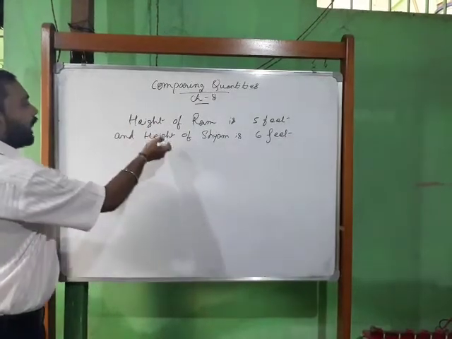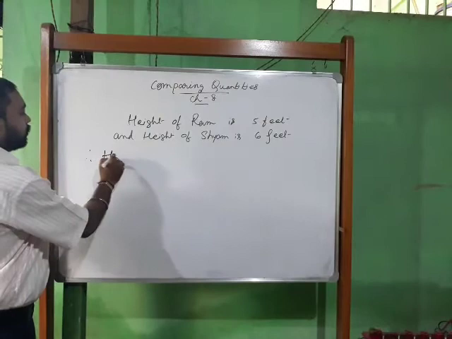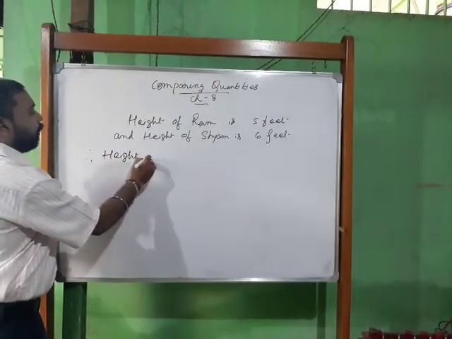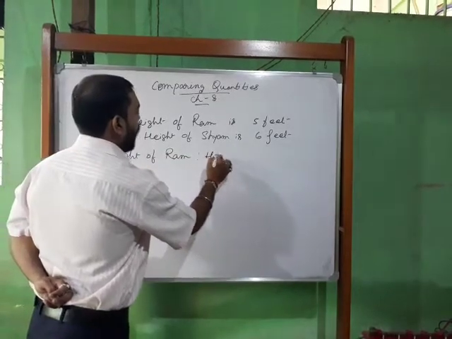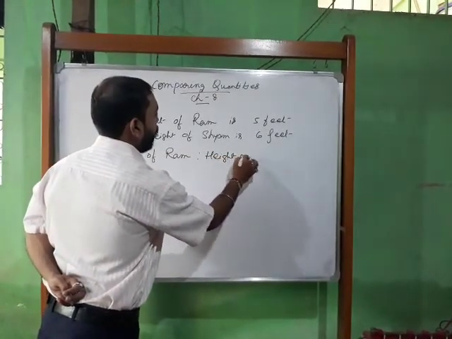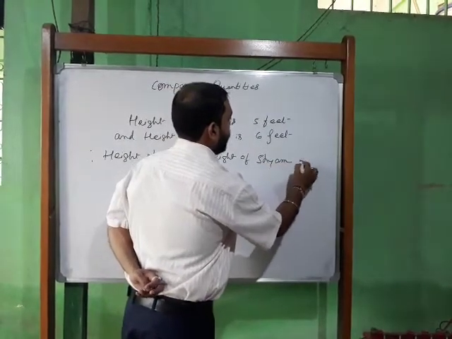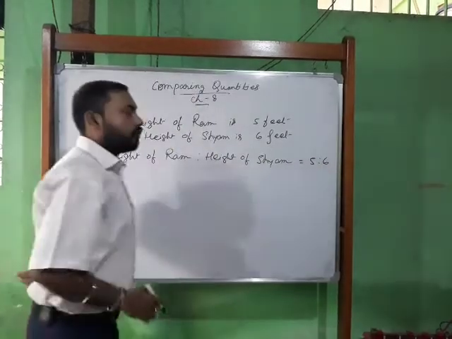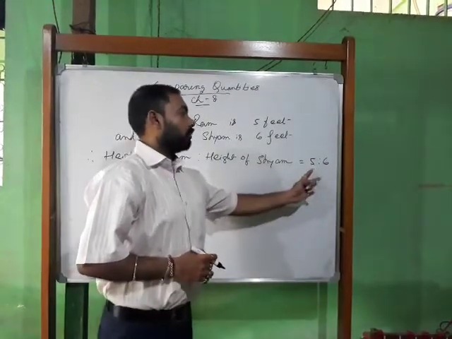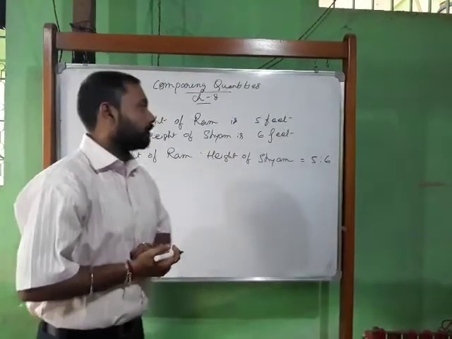Now how can we express this in ratio? Height of Ram is to height of Shyam is equal to 5:6. So this 5:6 is known as the ratio of Ram's height to Shyam's height.